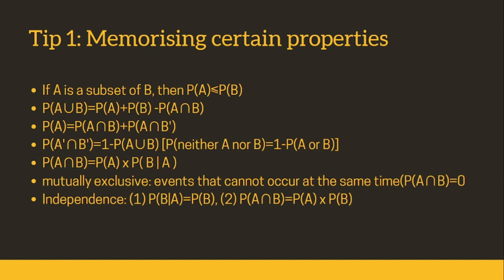Not necessarily all the time, because you can always draw a Venn diagram, and when you draw the Venn diagram, it will show all these relations itself. Then in the case of mutually exclusive and independence, those are two different terms that you need to know the difference between. And how you do it will be through the probability and formulas as shown below. But I'll go through that later in the video.